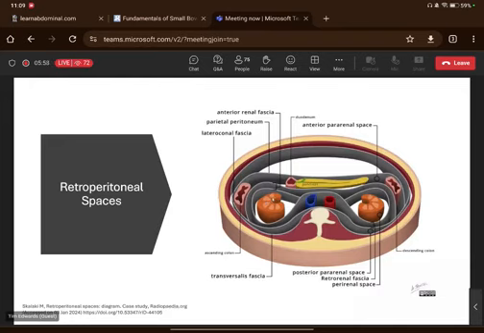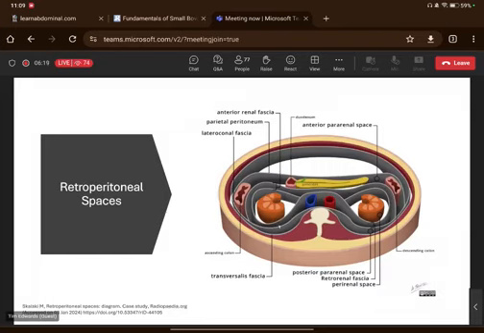Anteriorly, we have the anterior renal fascia, which runs across here, which is also known as Gerota's fascia. Posteriorly, we have the posterior renal fascia, which is also known as Zuckerkandl's fascia. That forms, as we said, the perirenal space.